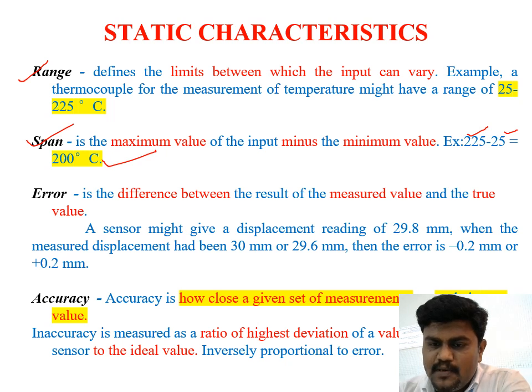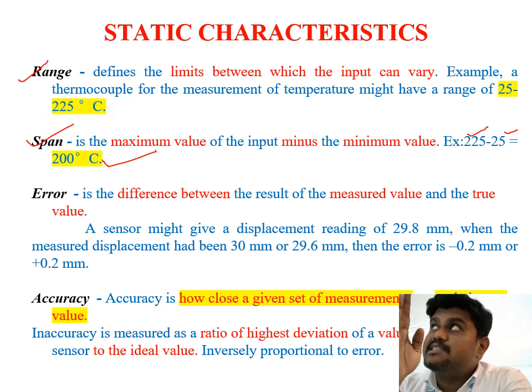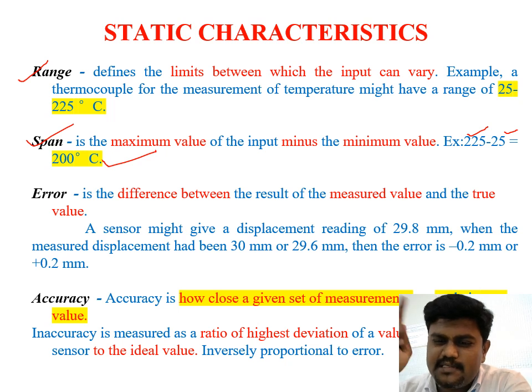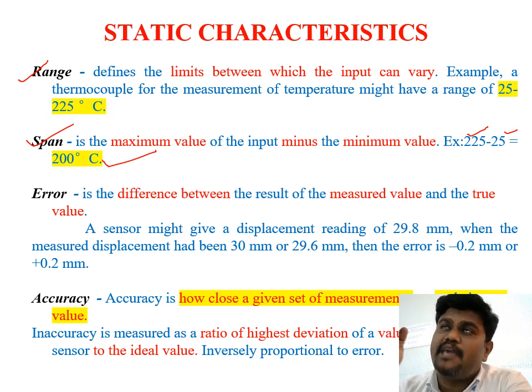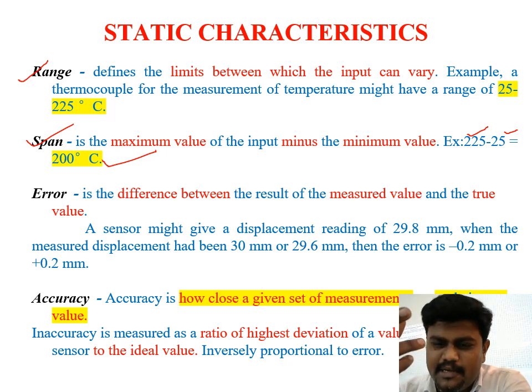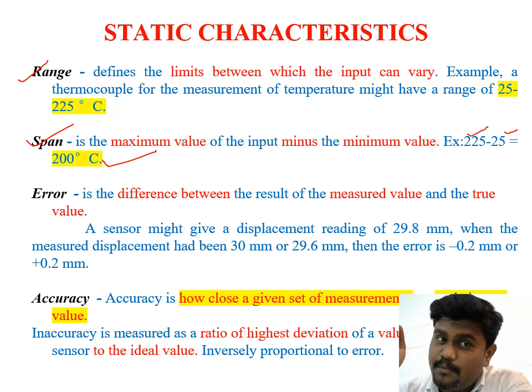Or take an example: if this beam is of length 10 meters, the length is called the span of the beam. Whereas if someone gives you a tolerance, for example, this beam can be 5 to 10 meters in length, the lower value is 5 and the maximum value is 10 meters, which is considered the range of the beam.